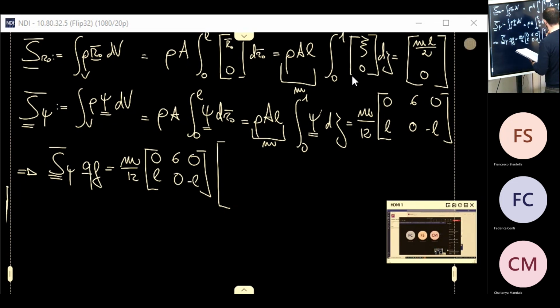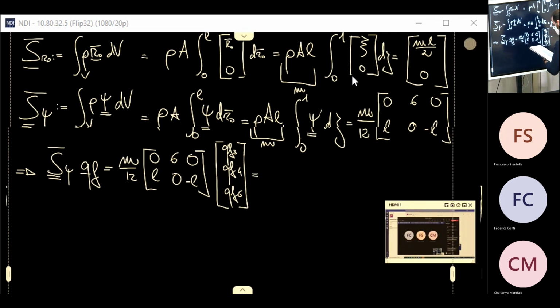So we have QF3, QF4, and QF6, because if you remember, the remaining elastic coordinates were basically eliminated in order to remove rigid motion of the beam.